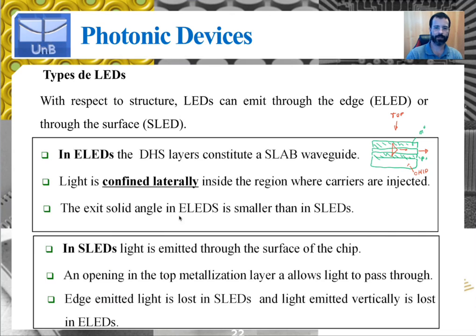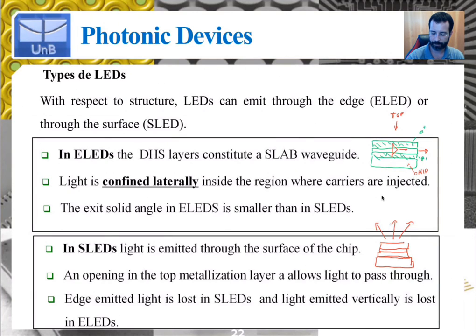Now the exit solid angle in ELEDs is smaller than the solid angle in surface light emitting diodes. This means that the light will be coming out in a more directional manner. In surface light emitting diodes, light is emitted through the surface of the chip. So you have the PN junction or the heterostructure here on top of the chip, and the light coming out of the device used in different applications comes out from the top.